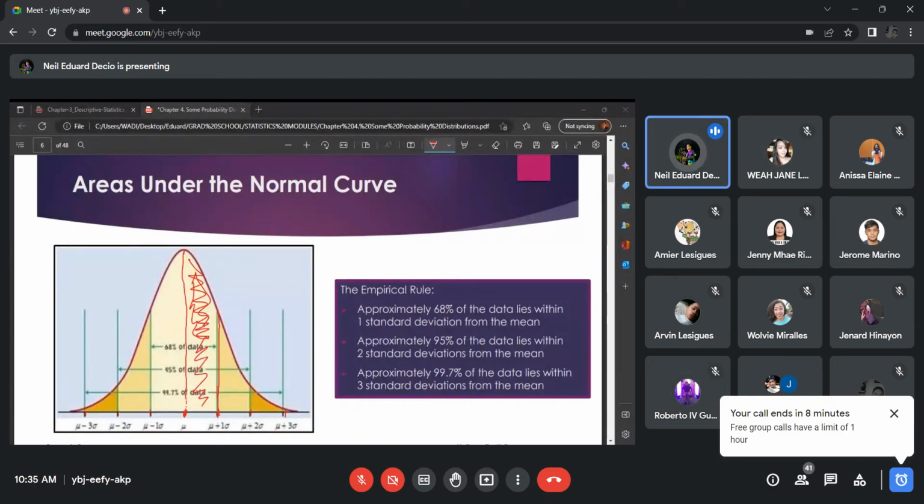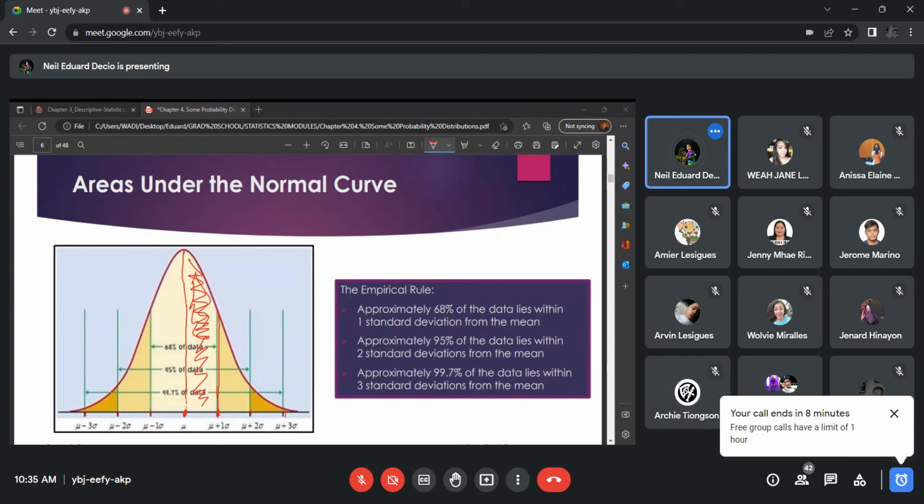What is the percentage or the measure? What percent of the data is there from the mean to +1 standard deviation? Because according to the empirical rule, from -1 to +1, that's 68%. So my question is, from the mean up to +1 standard deviation, what percent of the data is there? 34. Yes, that's correct.